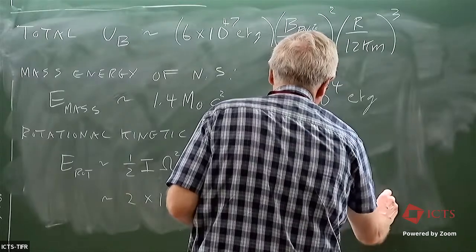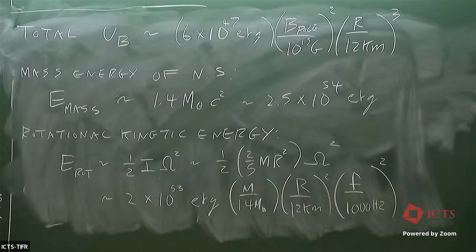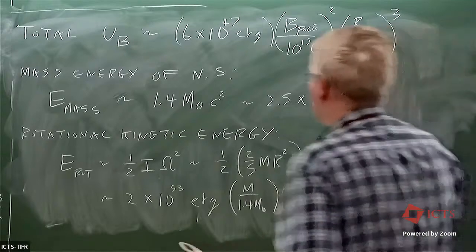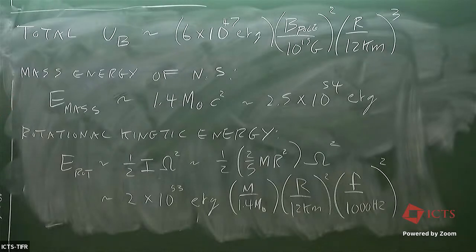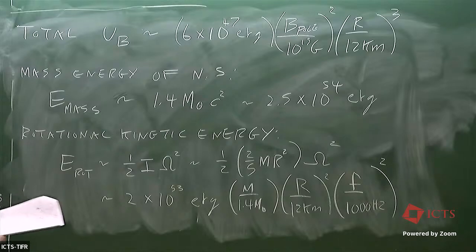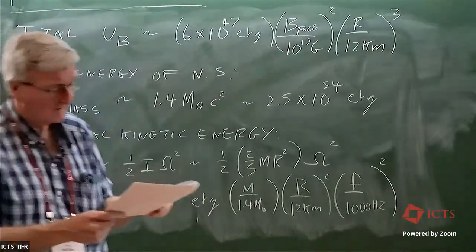So this is a fast spinning star, something actually above what is probably the actual shedding limit. And so this is an energy that's not so much smaller than the rest mass energy, but still much larger than the magnetic energy, even for a magnetar with a field of 10 to the 15 Gauss.